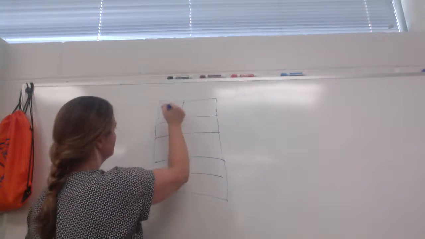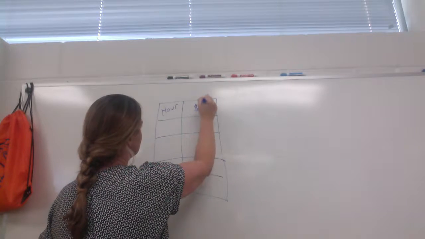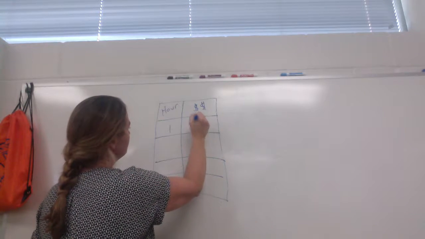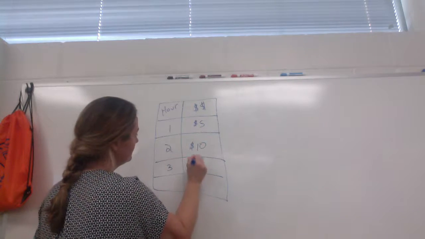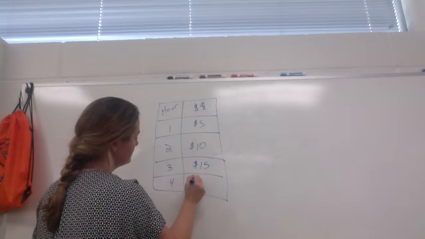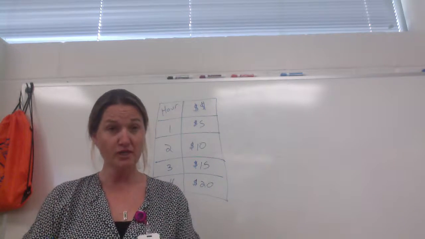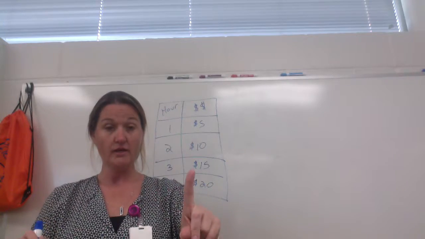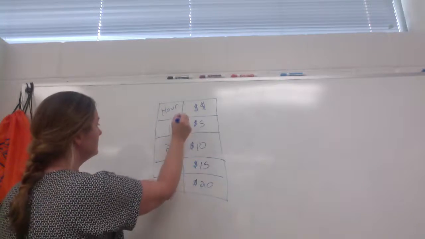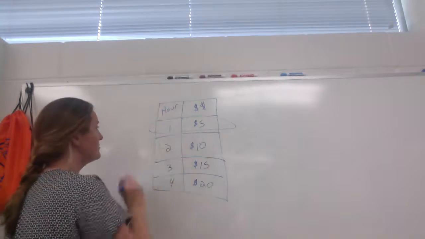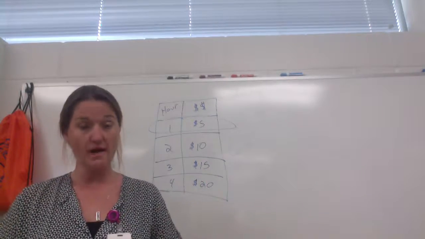So hour, and then money: 1, $5, 2, $10, 3, $15, 4, $20. When I talk about a unit, I am talking about one thing. The unit rate can always be found in a rate table where it says 1. The unit rate is $5 per 1 hour.